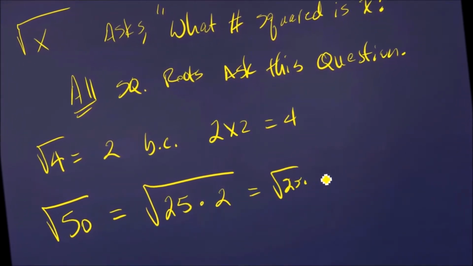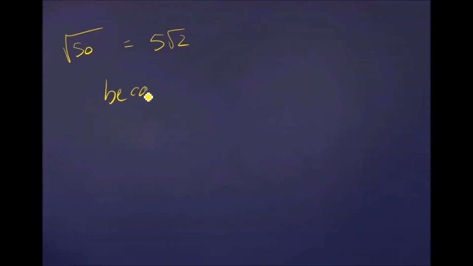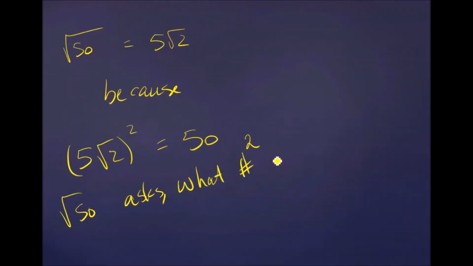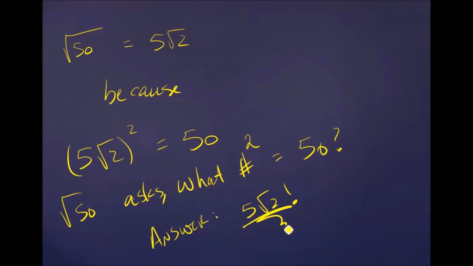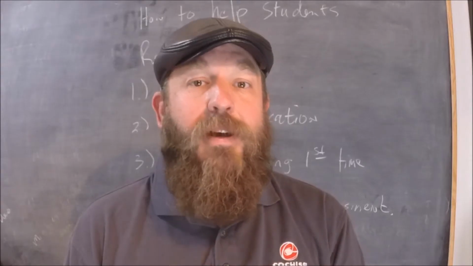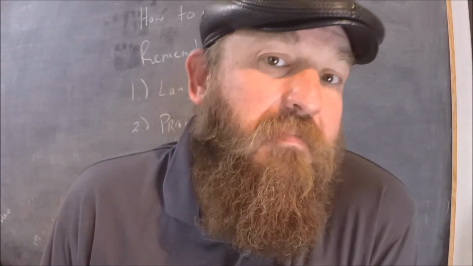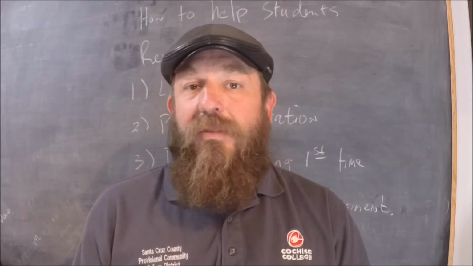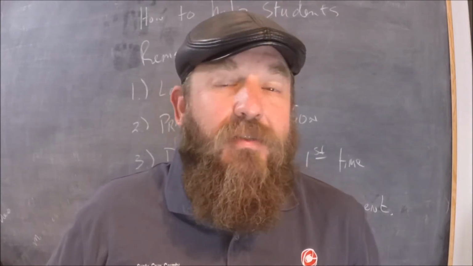The question that a square root asks is, what number squared equals the radicand? If they go back to that every time, then their understanding is going to be much better, and their ability to recall will be better, and their ability to deal with things like cube roots and higher order roots will be much easier.